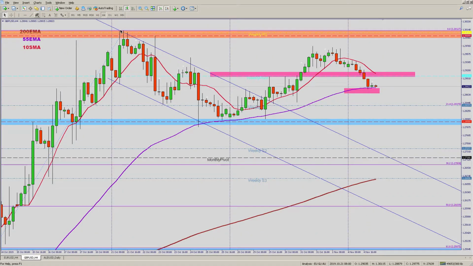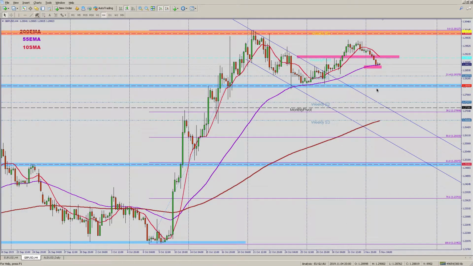Let's take a look at the 4-hour time frame, and this was the intermediate support zone that we marked over the weekend, and happened to be just where the new weekly pivot is sitting at, and price has come down to the 55 period EMA.